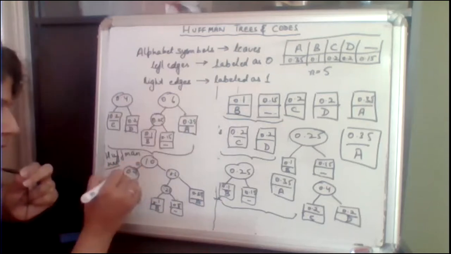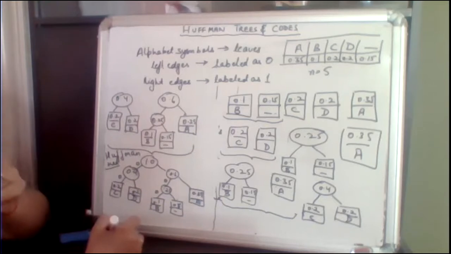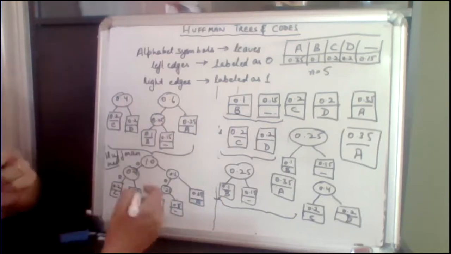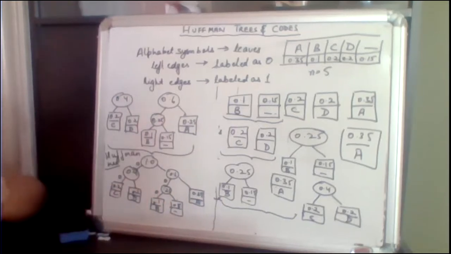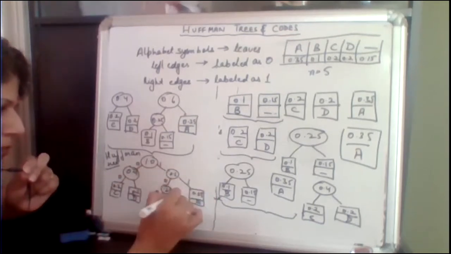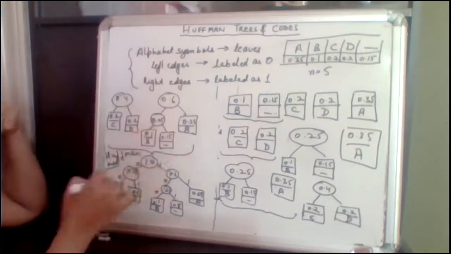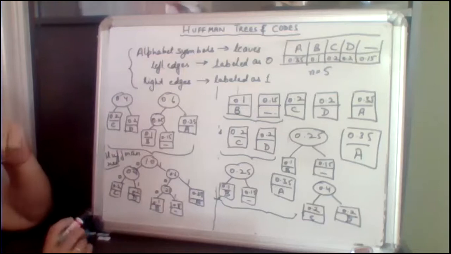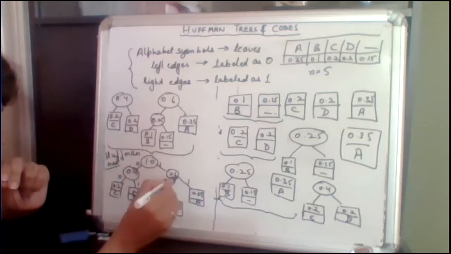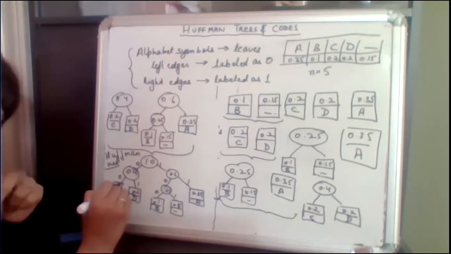So all the left edges, wherever they are, we are going to label as 0, and all the right edges should be labeled as 1. So I'm going to label it as 1. I hope that is clear. These are the three points. Once you have got the tree, how do we do the labeling? All the right edges within the tree are labeled as 1. All the left are labeled as 0.